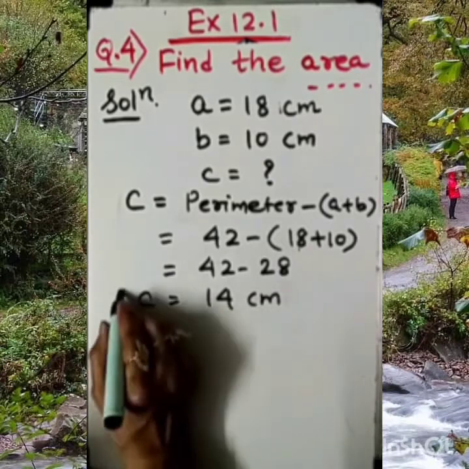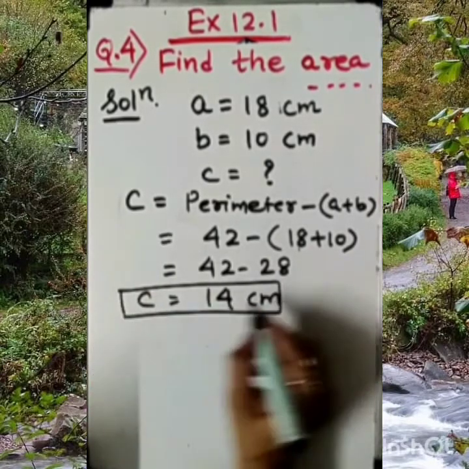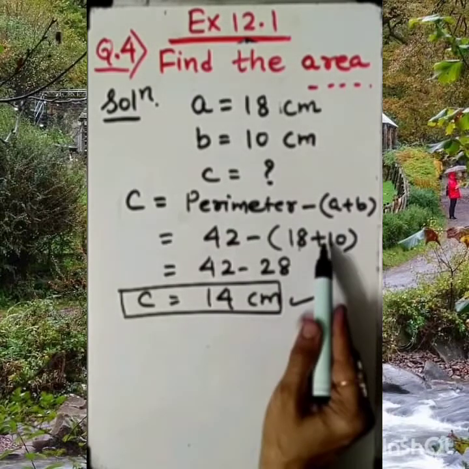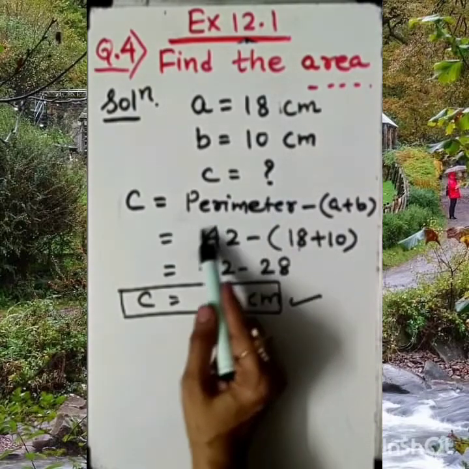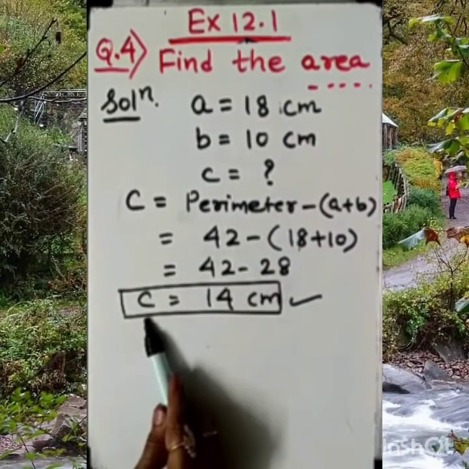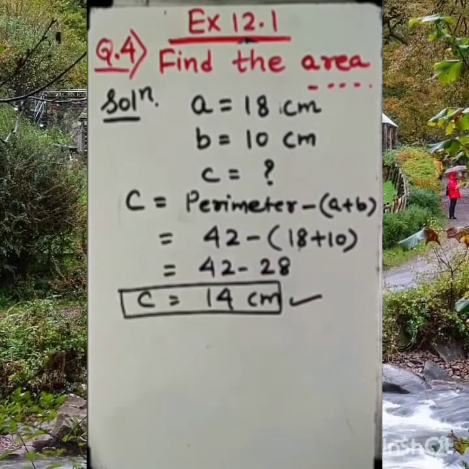So, my dear student, the value of third side is 14 centimeter. Very easy, because sum of three sides we are given 42. Two sides of them we are given, third we need to find. Very simple, very easy. So, we got the value of C finally, that is third side 14 centimeter.